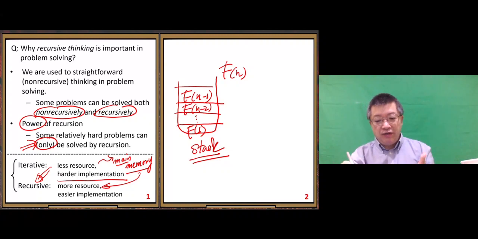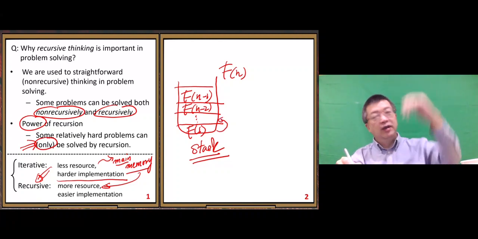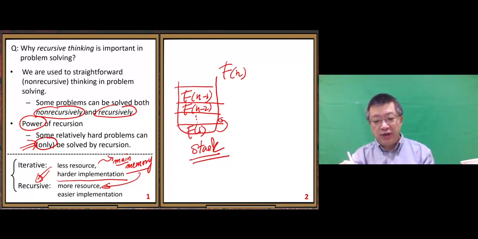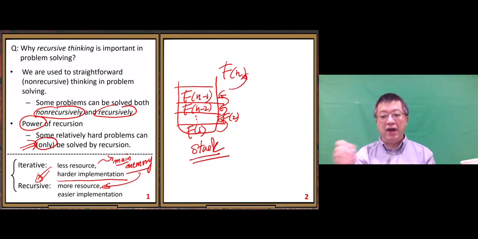After it finally gets a known value f of 1, it will apply to the higher level step to get f of 2, then apply to the higher level, backtrack, and finally get that value.